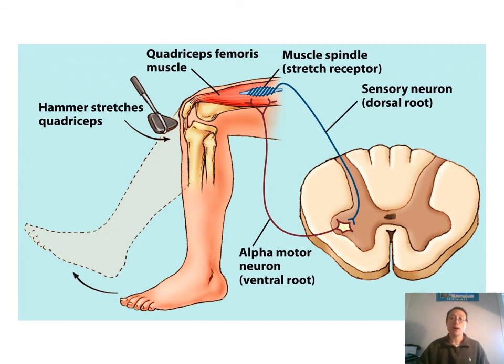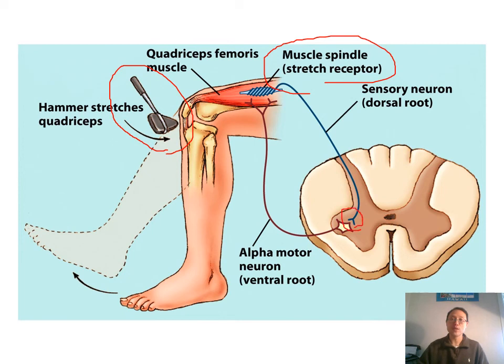So now let's talk about the motor system when it comes to the spinal cord. When you go to a doctor and they hit you with the hammer, the hammer stretches the quadriceps, and this creates a reflex in which a sensory neuron sends information from the muscle spindle to the dorsal root of your spinal cord.